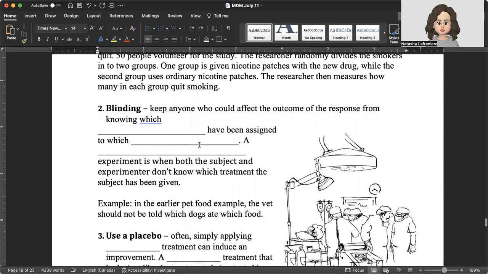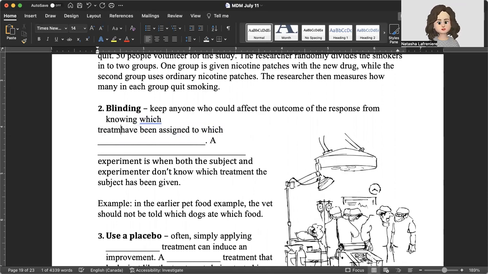You've also got blinding, so keeping anyone who could affect the outcome of the response from knowing which treatment has been assigned to which subject.